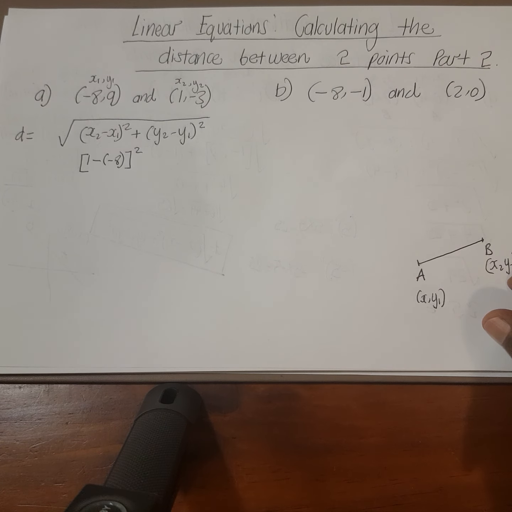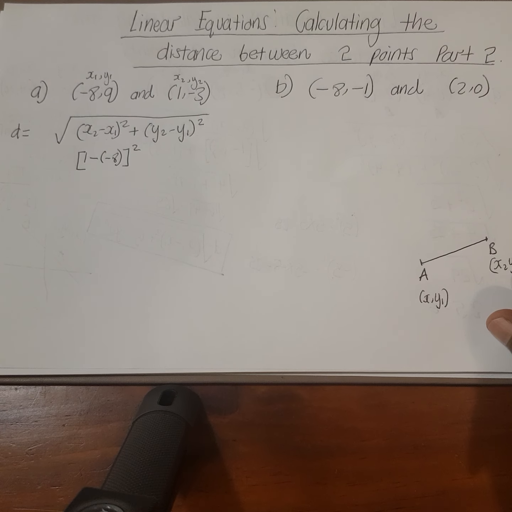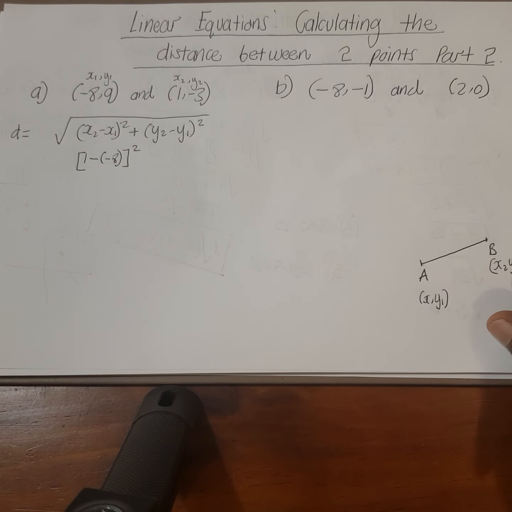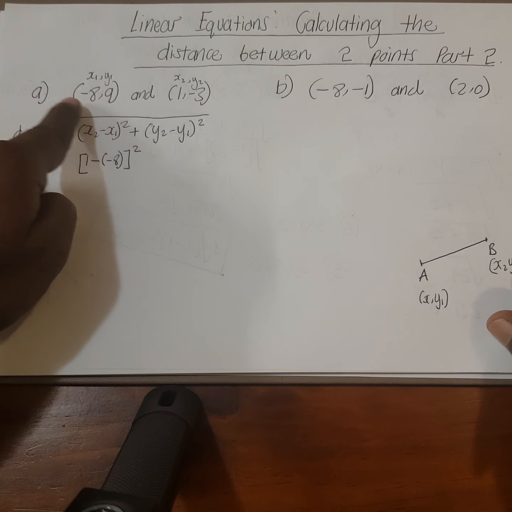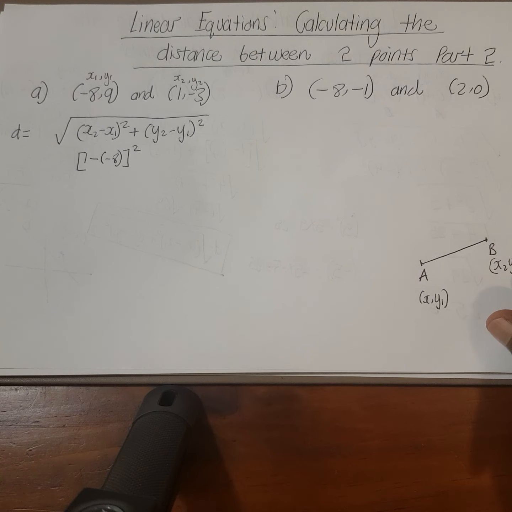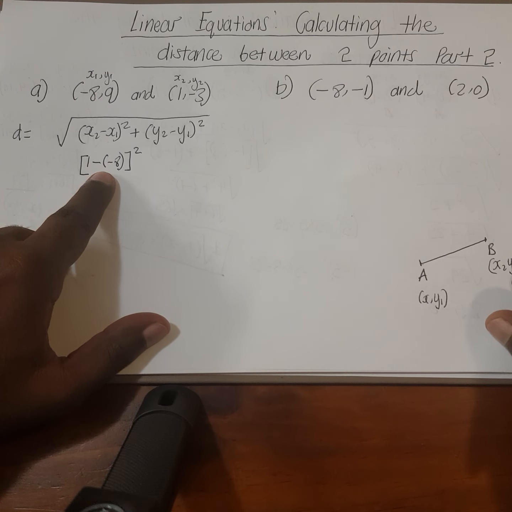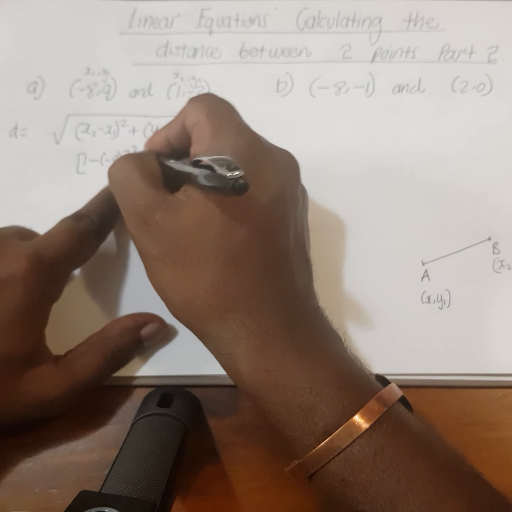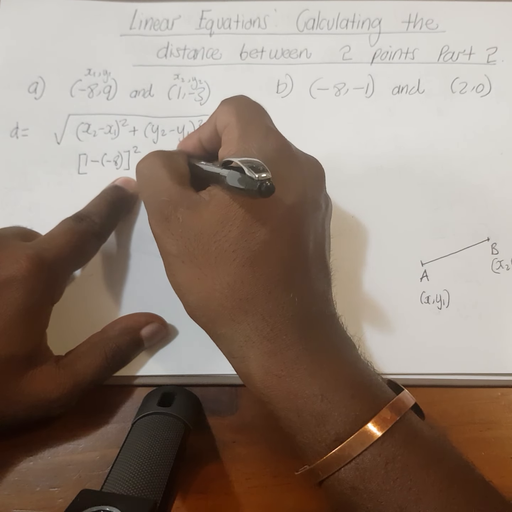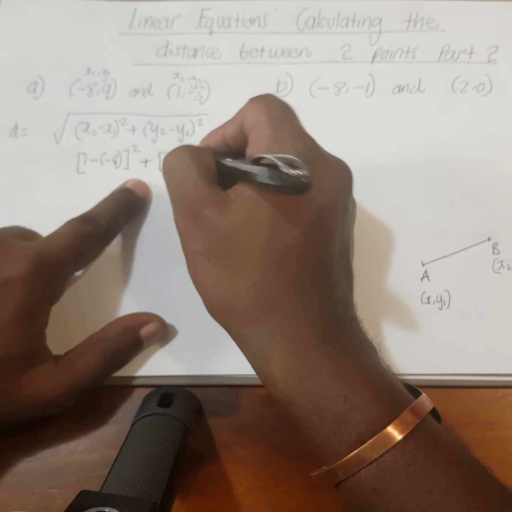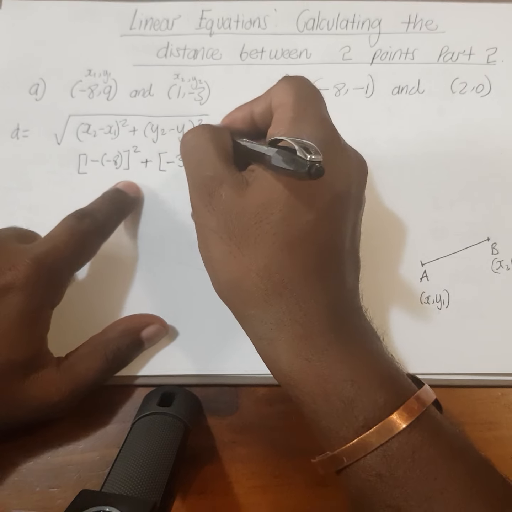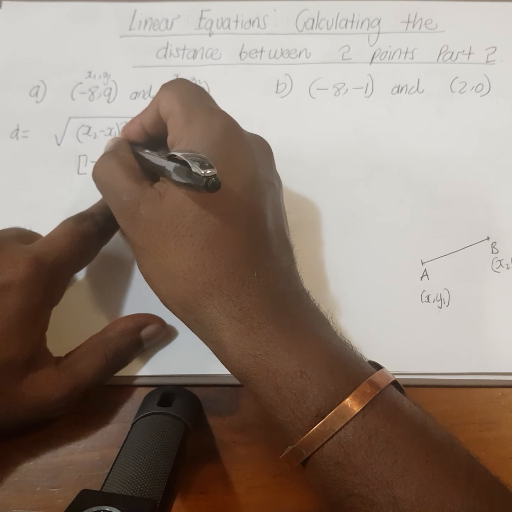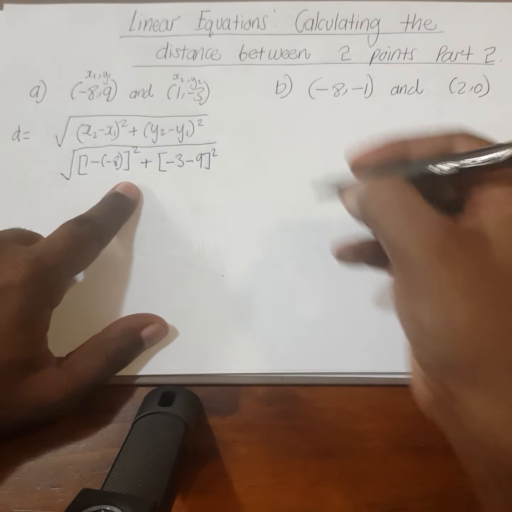Like I showed in the previous video, the reason why I put brackets and then minus is to show that that minus is from that number there. All right, so 1 minus -8 squared plus what is y2? -3, so -3 minus 9 squared, and then I put my square root there as well.